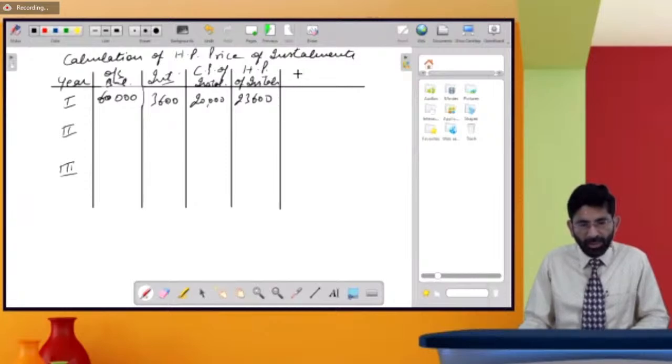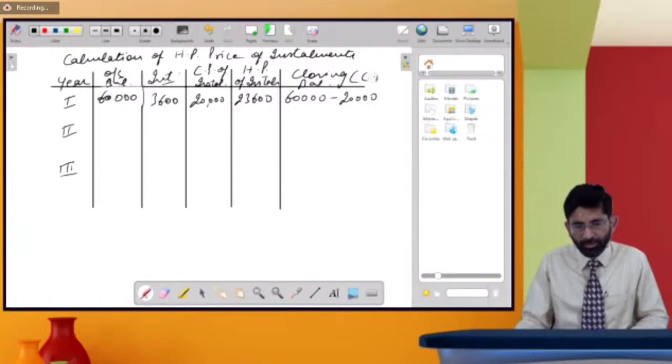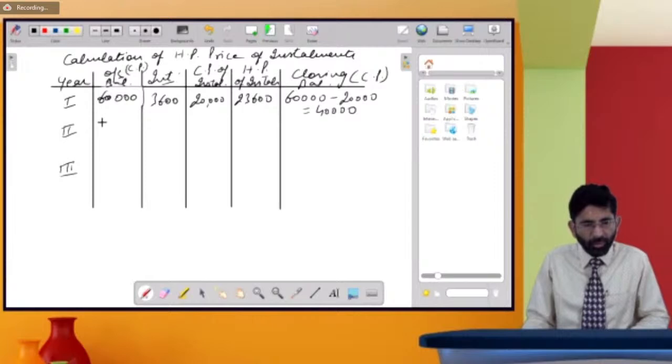Now closing balance. Closing balance is 60,000, opening balance, minus installment paid. This is CP, which is already given to you. So it is 40,000. Now this closing balance will become opening balance for next year, and 6% will be calculated on this 40,000. It will be 2,400.